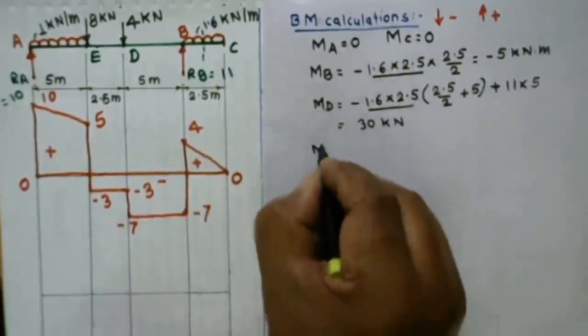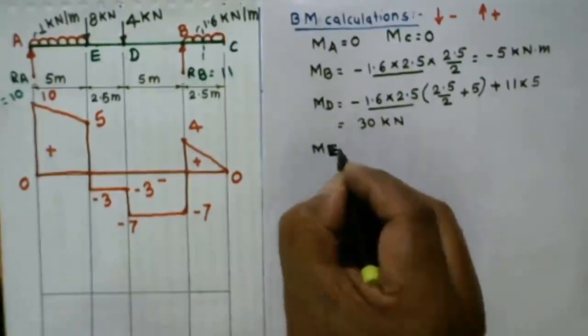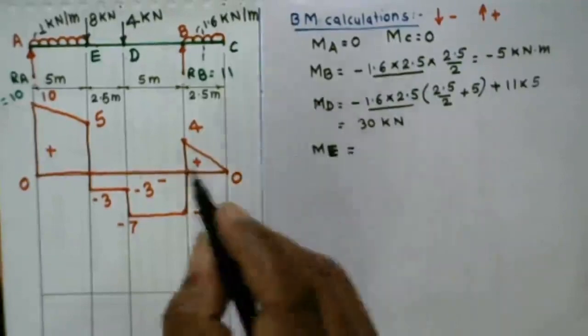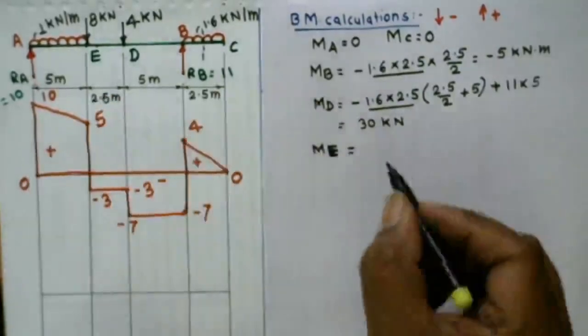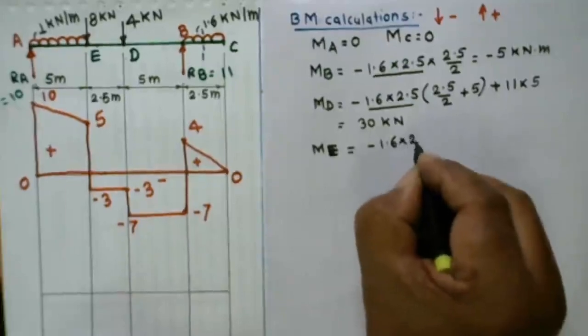Bending moment at point E is equal to, now taking the sections on that side, first the UDL 1.6 into 2.5.